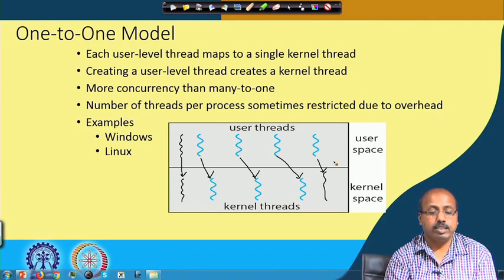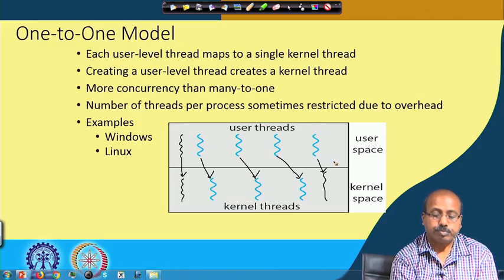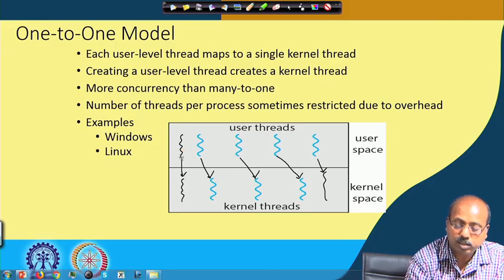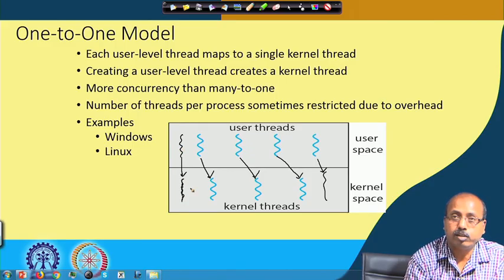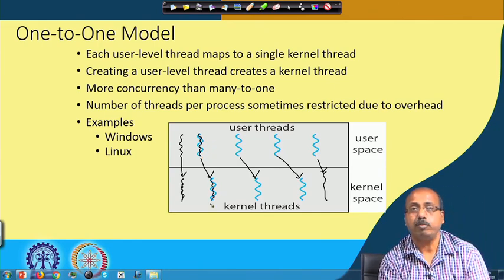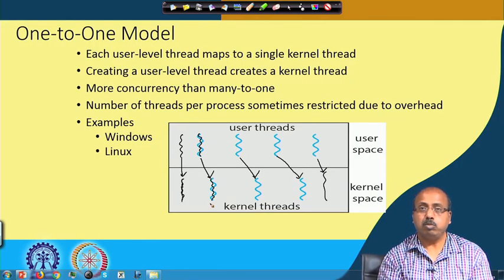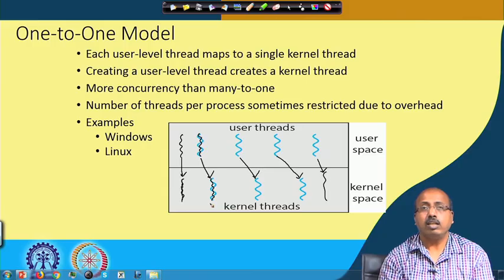It gives more concurrency than many to one, because if this thread makes a system call, then its kernel thread will take care of that, and if another thread makes a system call, its own kernel thread will take care of that. For every user level thread I have a kernel level thread taking care of it. This is good because I need not bother about whether some other thread got blocked or not.